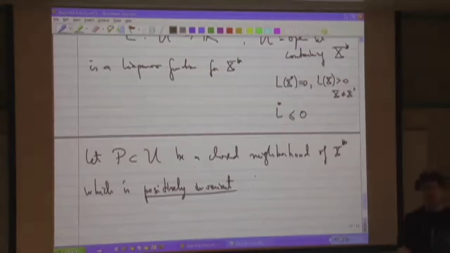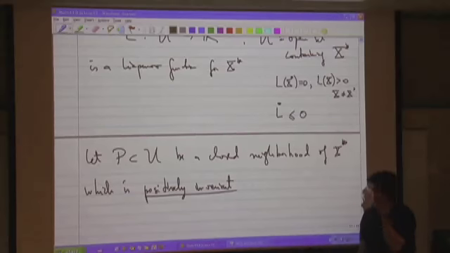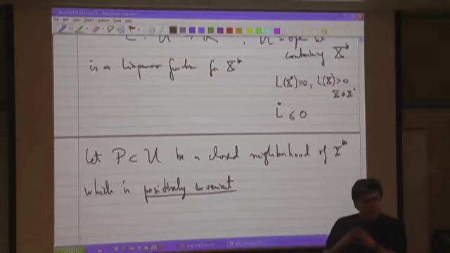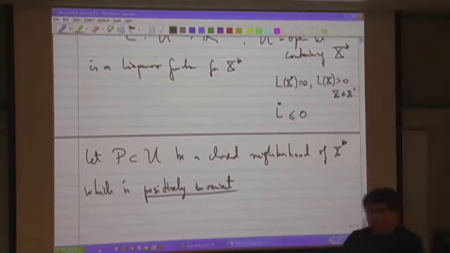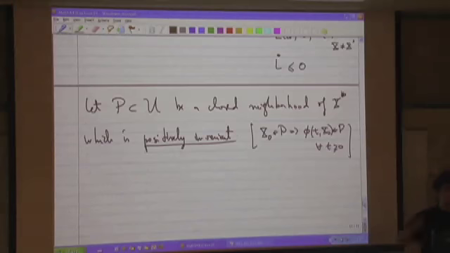It means anything that gets in there stays in there for all positive times. If x naught is in P, then phi of t and x naught is in P for all positive t. That's just like the regions bounded by the level curves. Those are positively invariant.